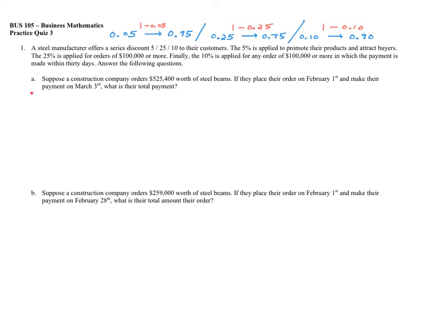So let's look at part A. We have this construction company that orders this much material, steel beams. If they place their order on February 1st and provide their payment on March 3rd, what would that total payment be? To start with, this amount is automatically given this 5% discount, which was given to attract customers and promote their products.